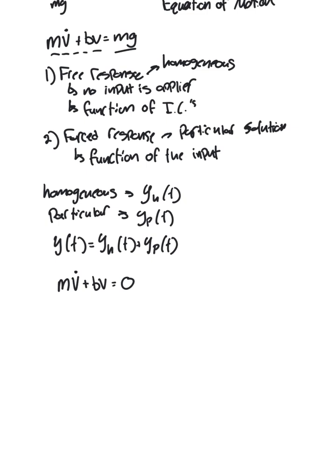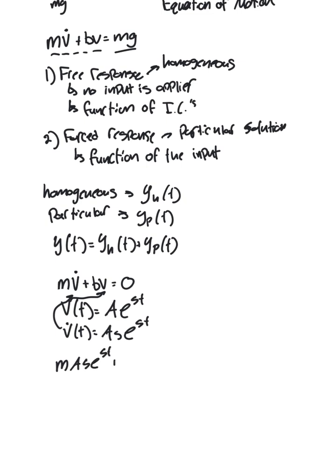So assuming constant coefficients here, we're going to say that the solution to the differential equation, v of t, is going to be equal to some constant a times e raised to the st, and the derivative v dot of t is going to be a times s e raised to the st. So we can plug these back into our homogeneous equation, and we get m times a s e raised to the st plus b times a e to the st is equal to 0.